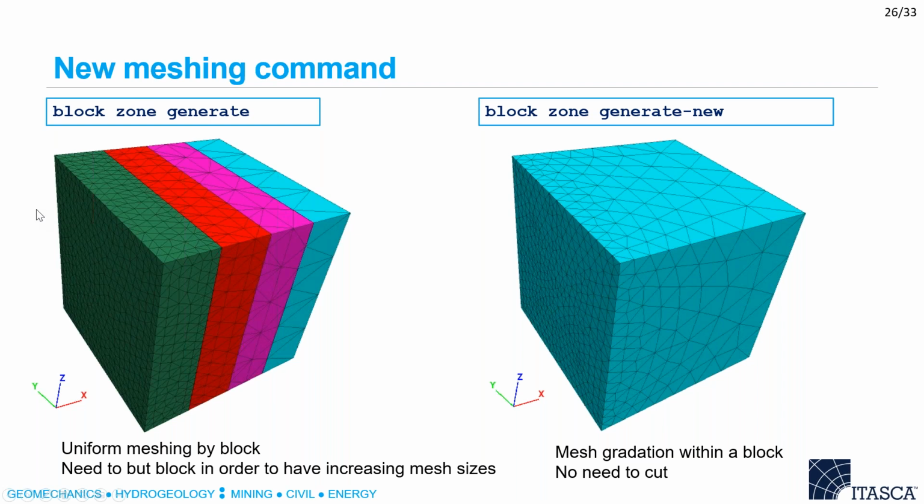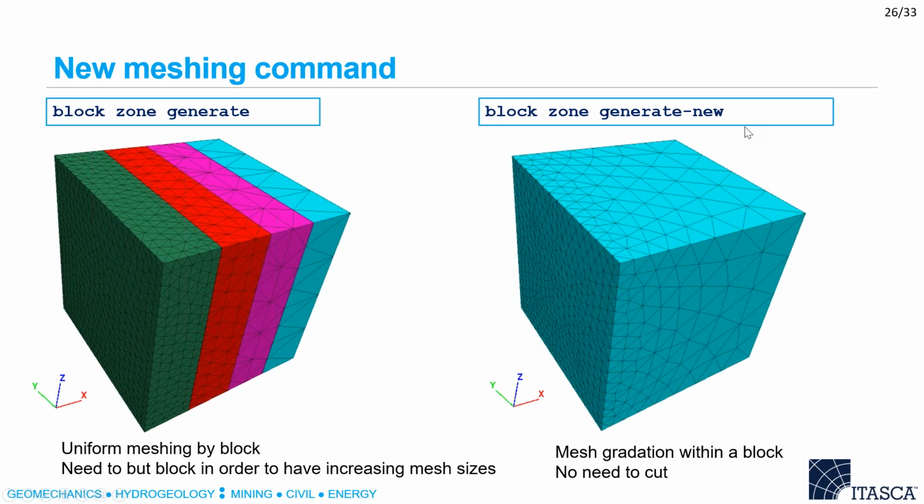With the first one, we can have a uniform mesh size inside one single block. So if I want to have progressively increasing mesh size from the left to the right, I'm obliged to cut this block into 4 different blocks, or more or less, depending on the problem. And inside each block, I will do a uniform mesh.